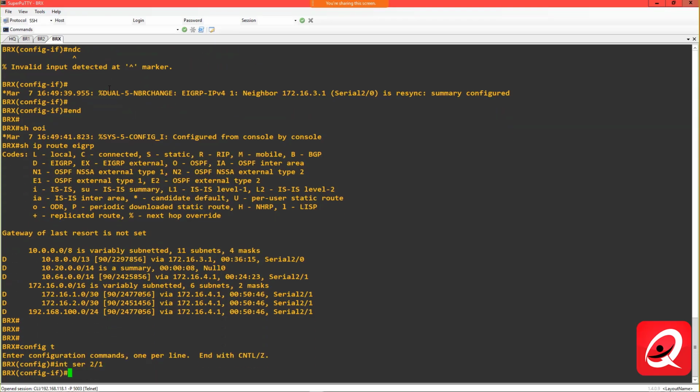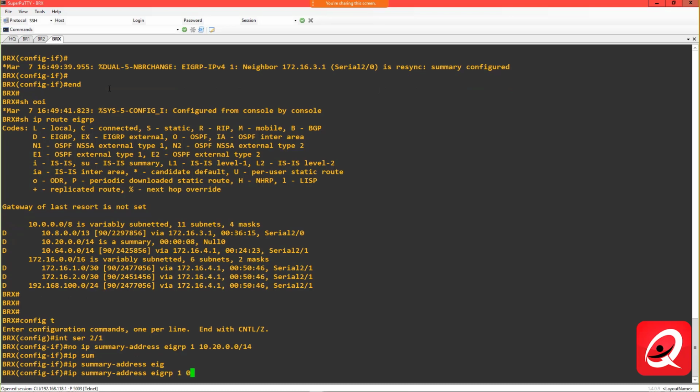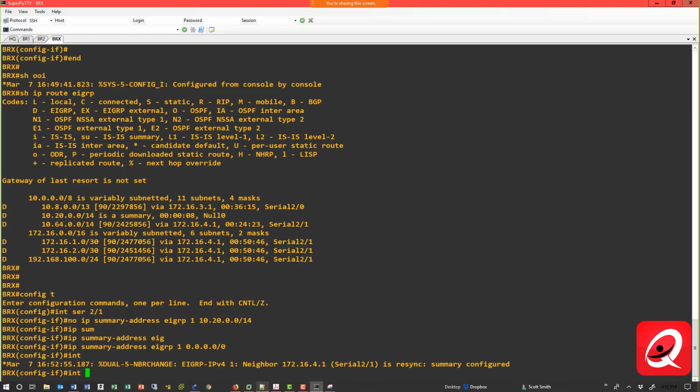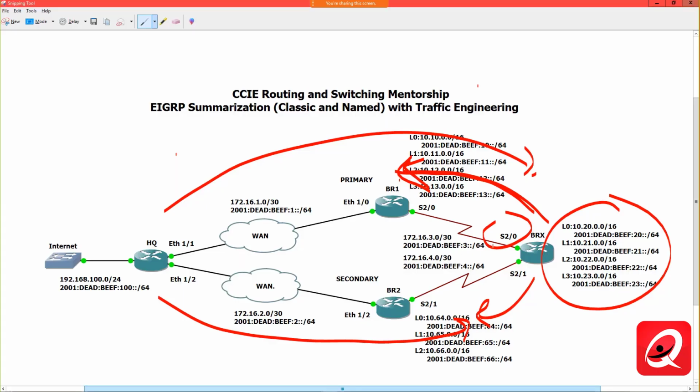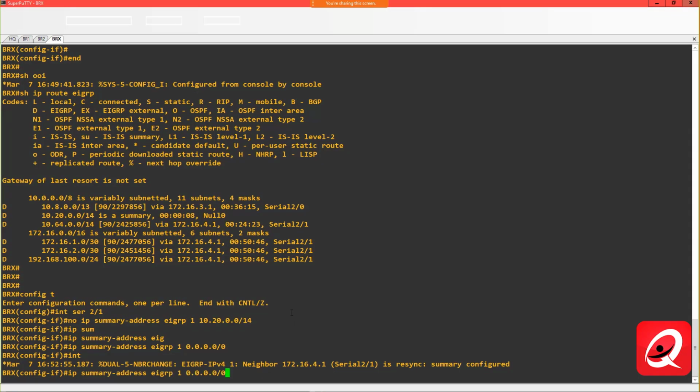For example, I'm going to go ahead and do this on BRX. Interface serial 2/1. Let's do a no summary address. And now let's do a summary address EIGRP 1 0.0.0.0/0. And I'm going to actually do that on serial 2/0 as well. Interface serial 2/0.